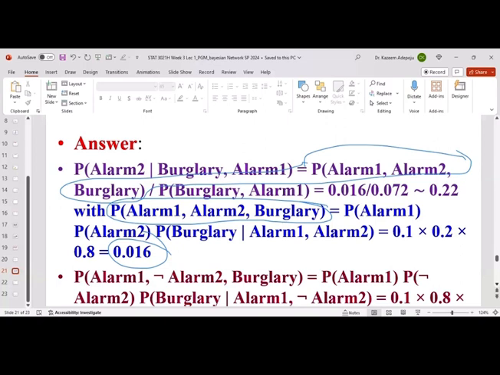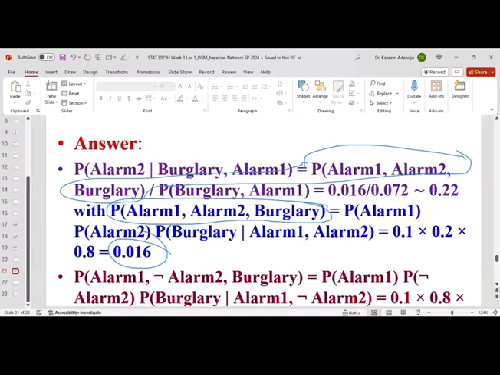If you take a look at what I have in the numerator, alarm 1, alarm 2, and burglary, it can also serve as a total probability, where here alarm 2 is observed and here alarm 2 is not observed.